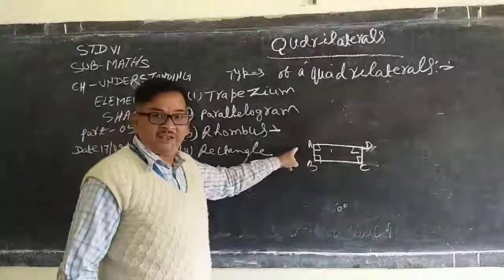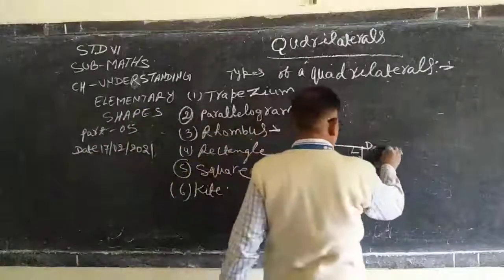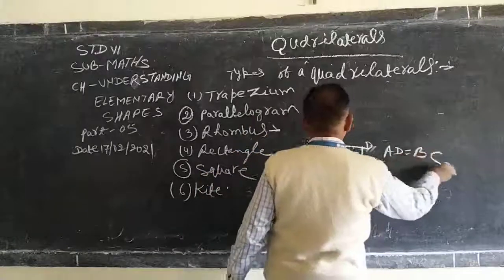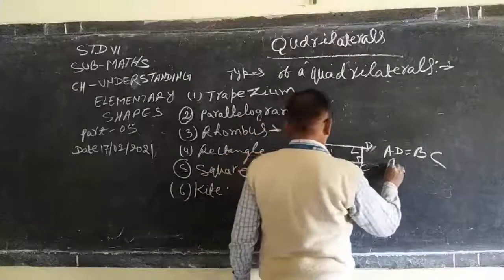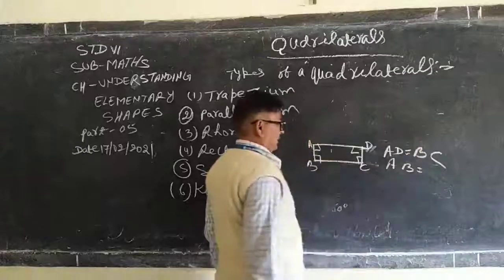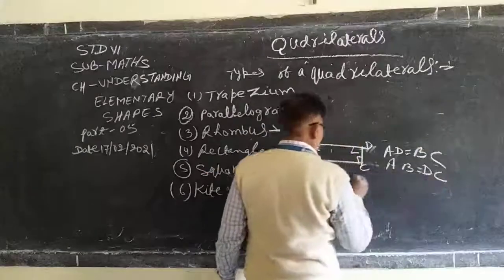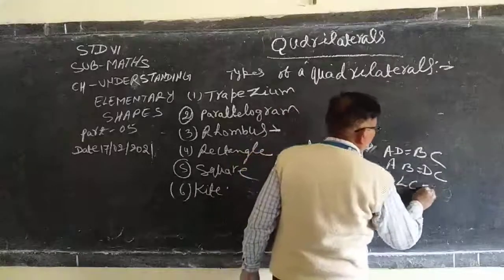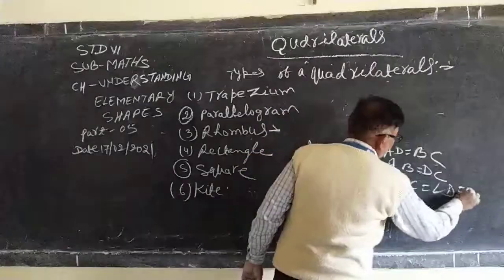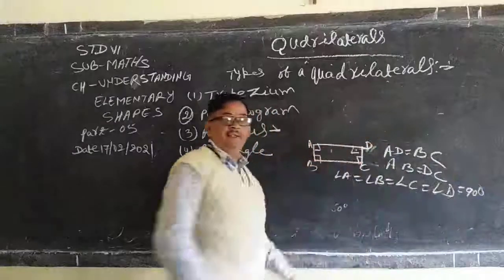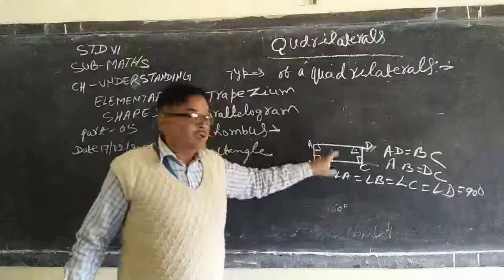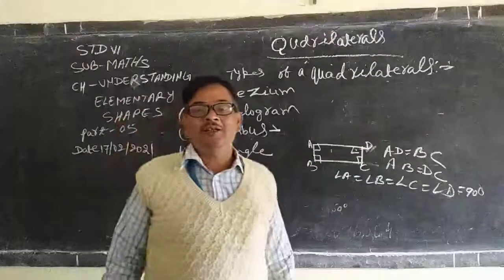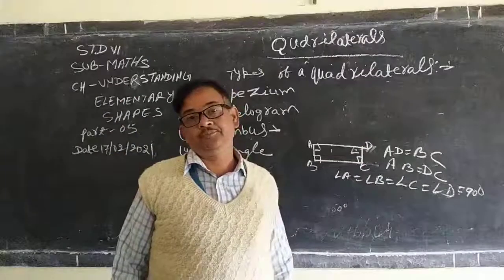It is a parallelogram in which AD is equal to BC and AB is equal to DC, angle A is equal to angle B is equal to angle C is equal to angle D is equal to 90 degrees. It means all the angles are equal and two sides are parallel and equal. Then it is called a rectangle. Clear?